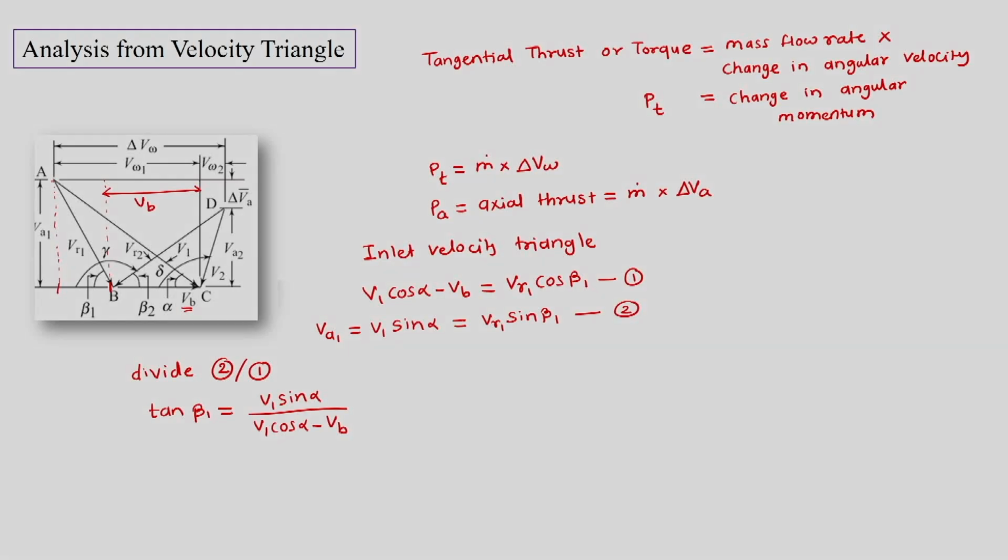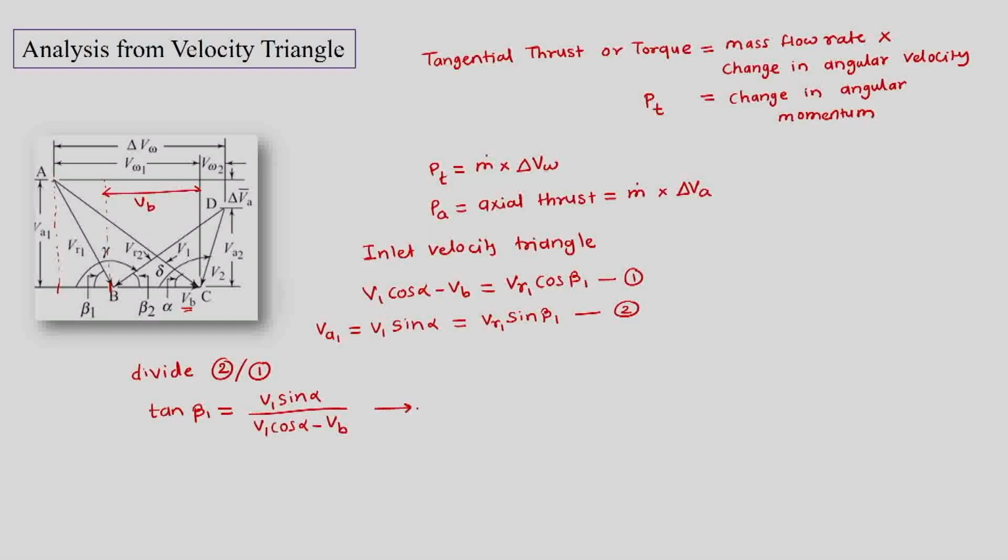Since V1 would be known to us, and for that we have seen how to find out V1 based upon nozzle efficiency and enthalpy drop. Alpha is the nozzle angle which is based upon the setting of the nozzle. Vb is pi dn by 60, based upon the RPM measurement.